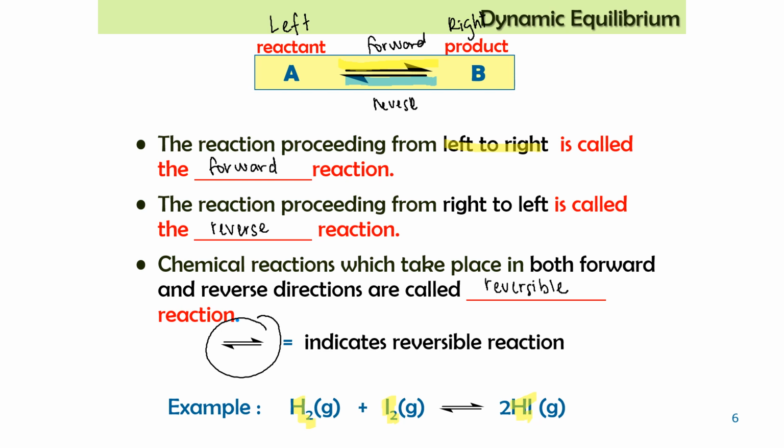Okay, so ini adalah if from left to right, it is a forward reaction. Okay, tapi this is a reversible reaction. So maksudnya hydrogen iodide kamu boleh form. This is the reverse way. So means hydrogen iodide akan terurai kembali menjadi hydrogen gas dan iodine gas.